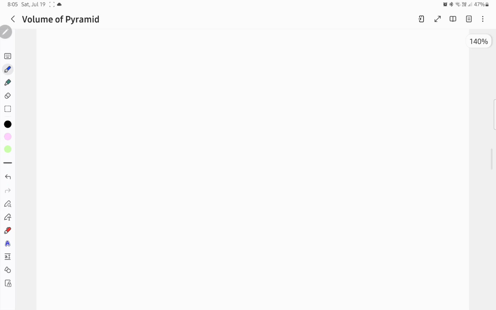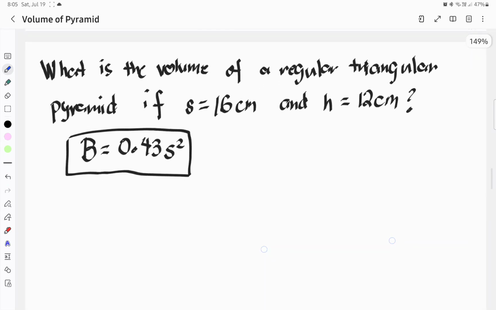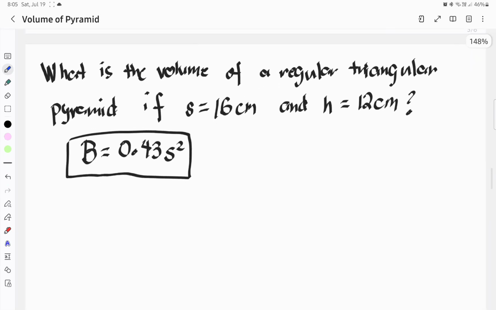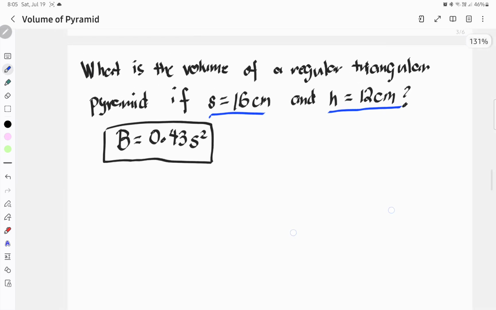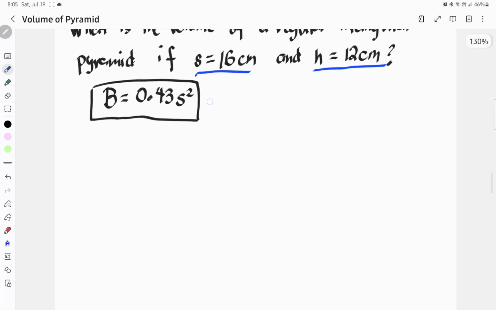Let's go on to another problem. What is the volume of a regular triangular pyramid if the side of the regular triangle is 16 centimeters and the height is 12 centimeters? If we look at that, we're given a formula for the base area, 0.43 s squared.